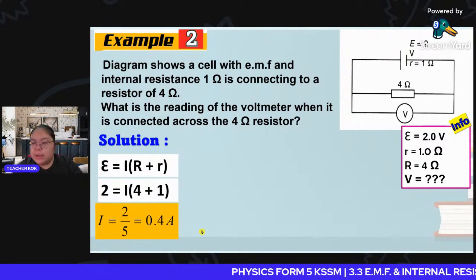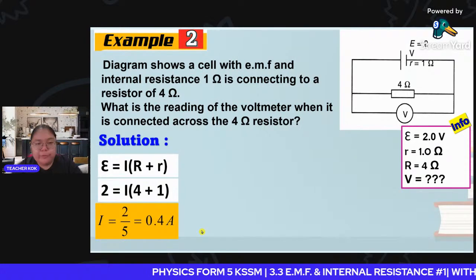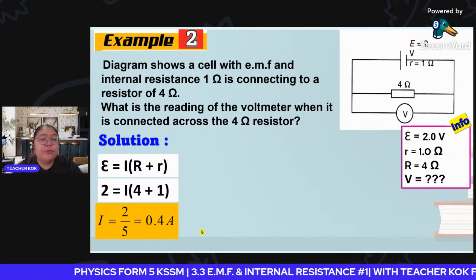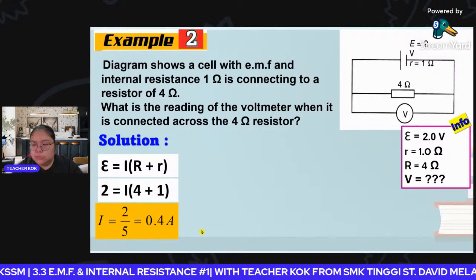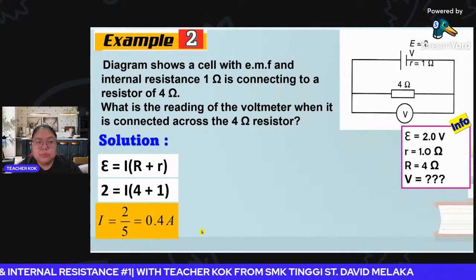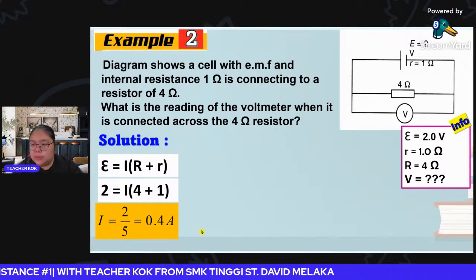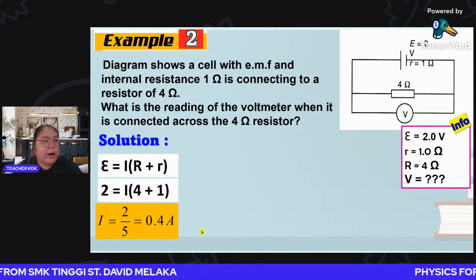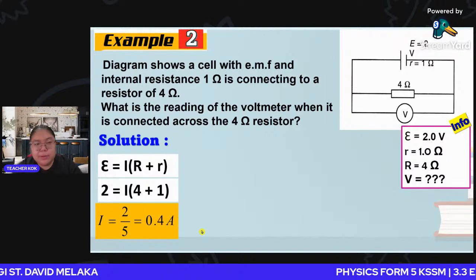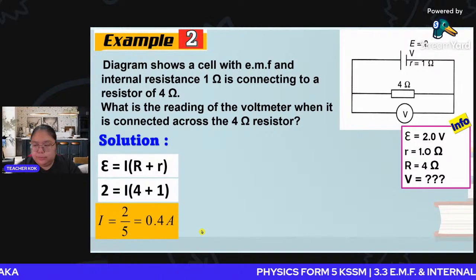We just apply the old formula we learned before, because this one is a capital V. Okay, anybody? Important is you get the current. If you get the current, that means you can solve already.